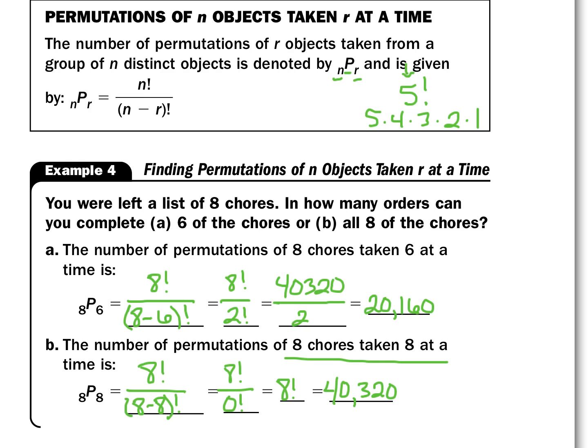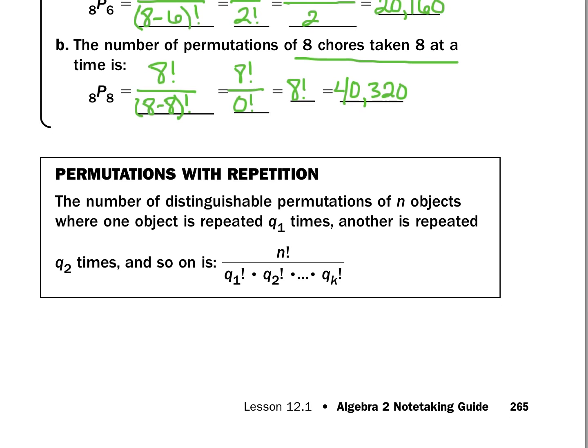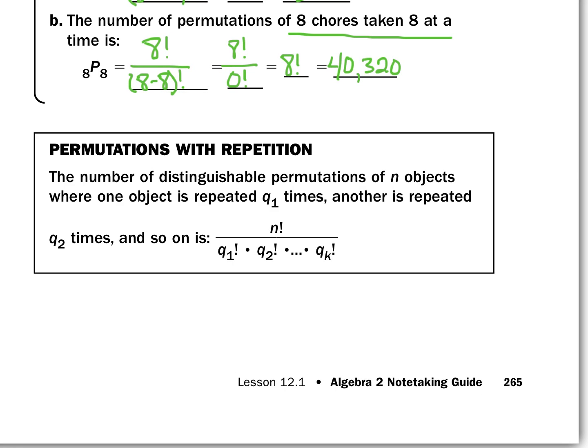Okay. So now, the last thing that we're going to do is talk about permutations with repetition. So the number of distinguishable permutations of n objects where one object is repeated q sub 1 times, another is repeated q sub 2 times, and so on, is n factorial over q1 factorial times q2 factorial, etc. So however many times we have a repeated one.